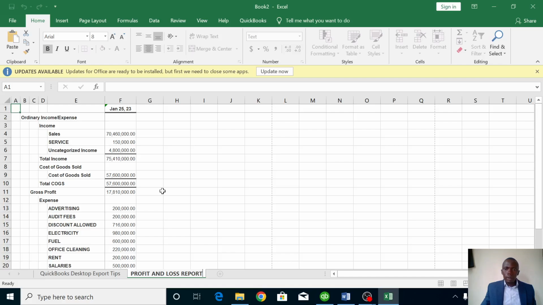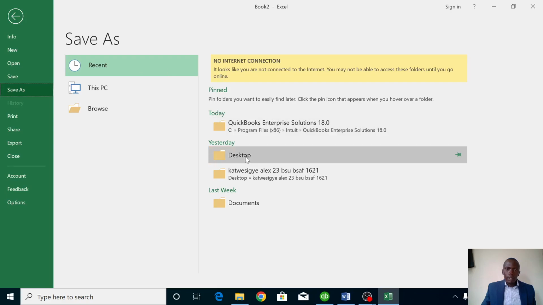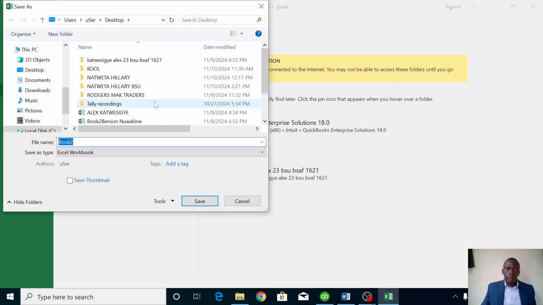So we can save our Excel report. Go save as. We save it on desktop.